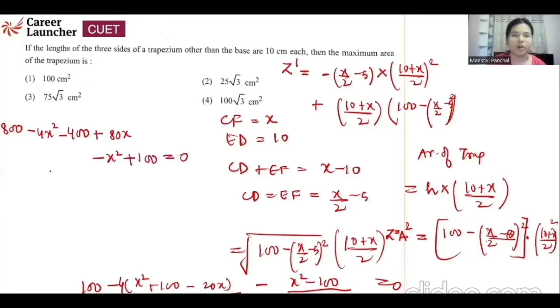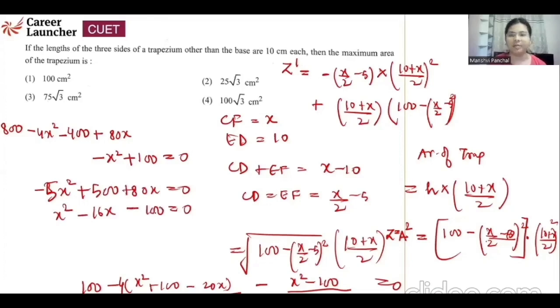So 4x squared minus x squared gives 5x squared. 800 plus 100 is 900, minus 400 is 500, plus 80x equals 0. It means I can say, if I take 5 out, x squared minus 16x minus 100 equals 0.